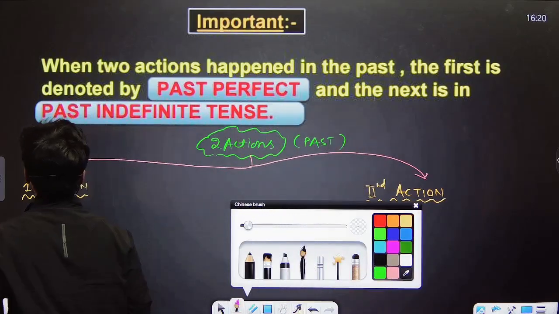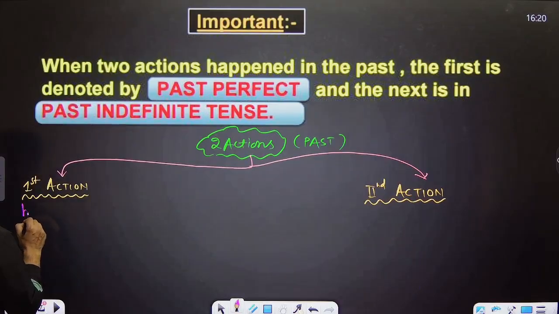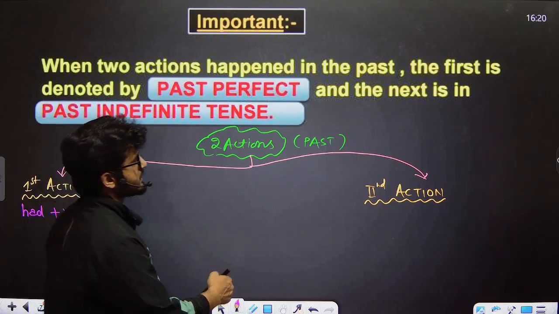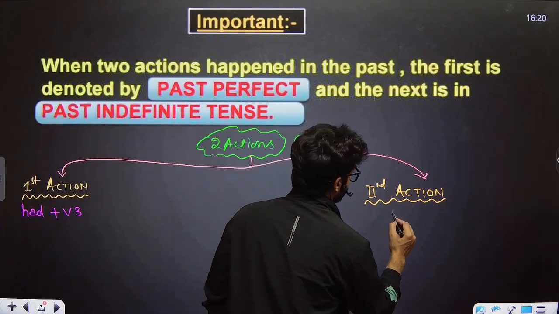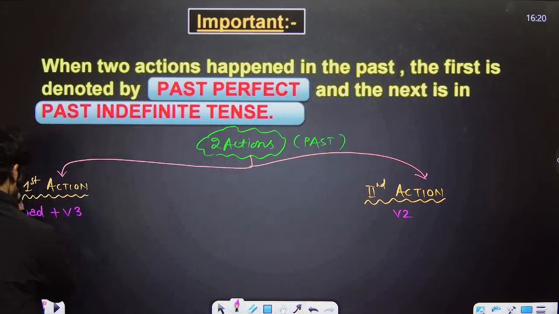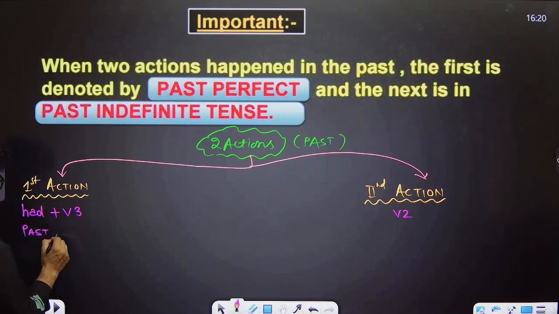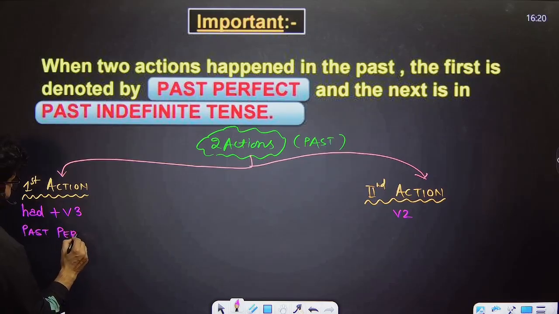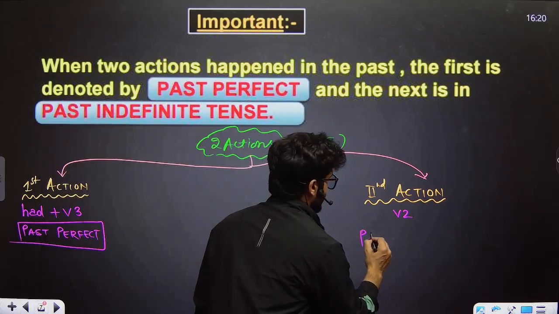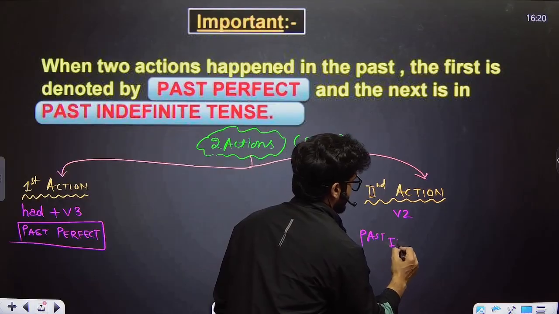In case of the first action you are going to use had plus verb 3, and in case of the second action you are going to use the V2 form or the past case. That is, you are going to use past perfect case, and here you are going to use past indefinite.